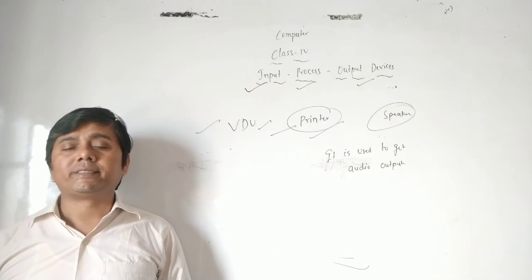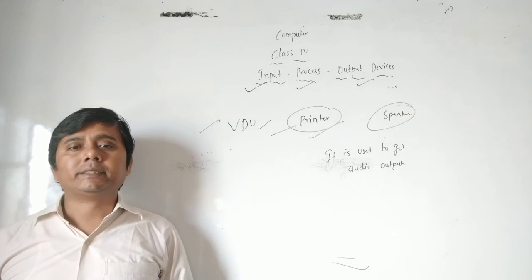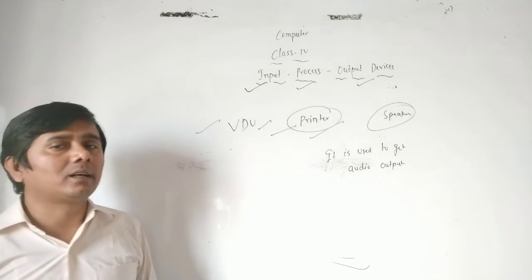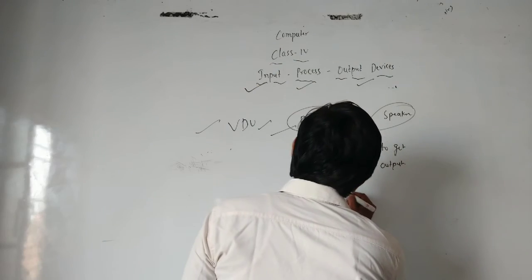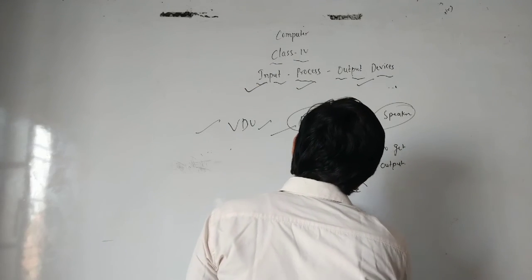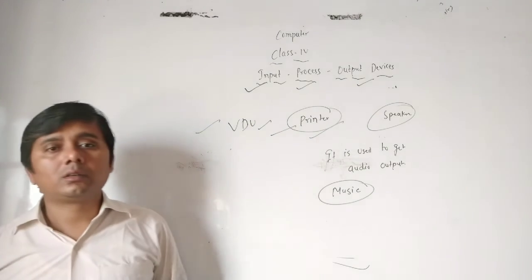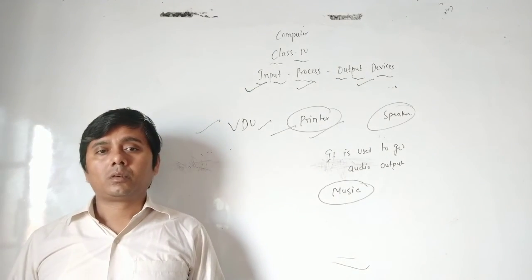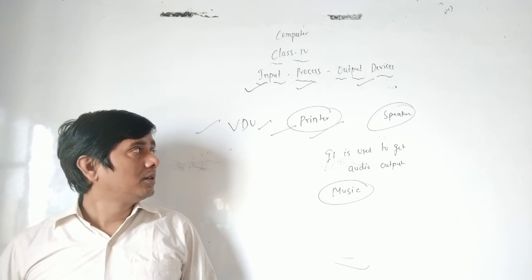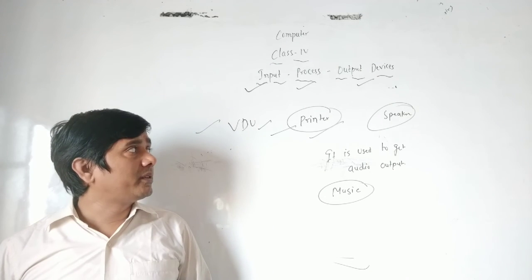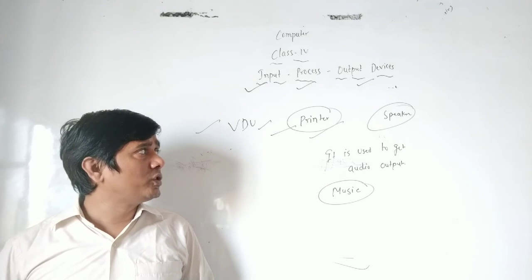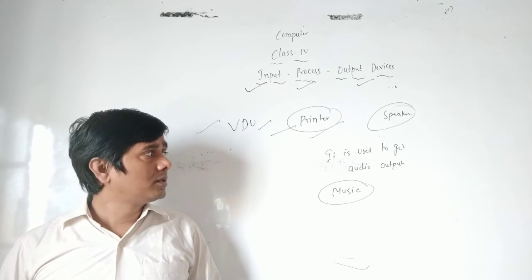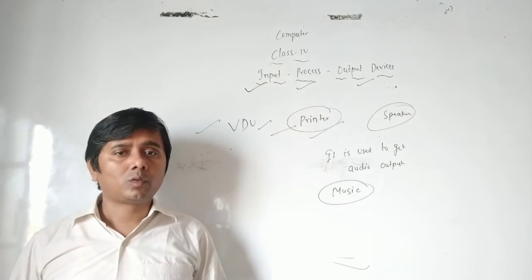It is used to listen to music and other sound formats from the computer. When we see any movie or listen to music, we use a speaker to listen to sound.